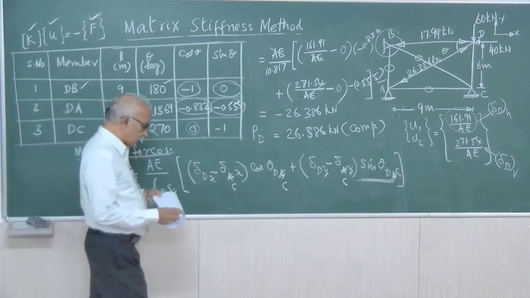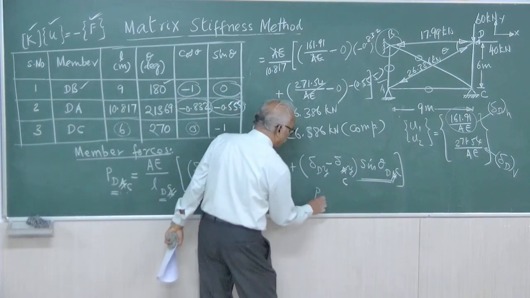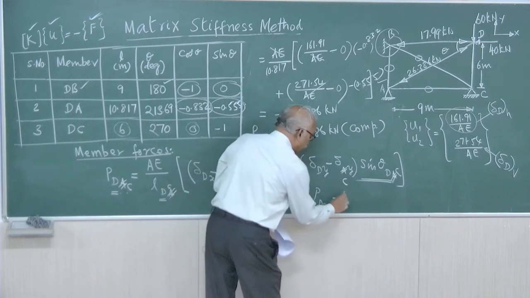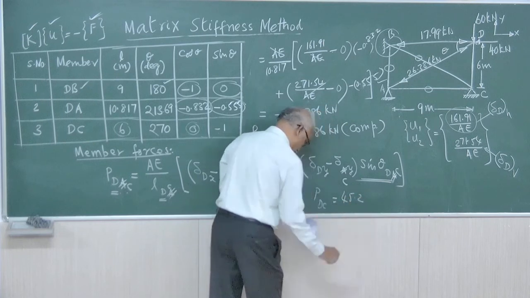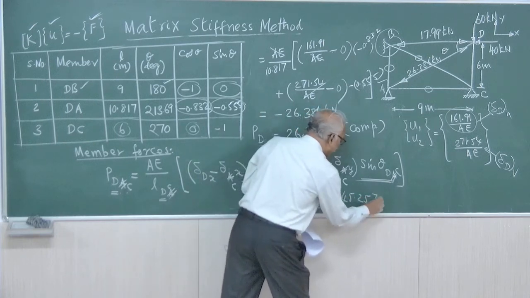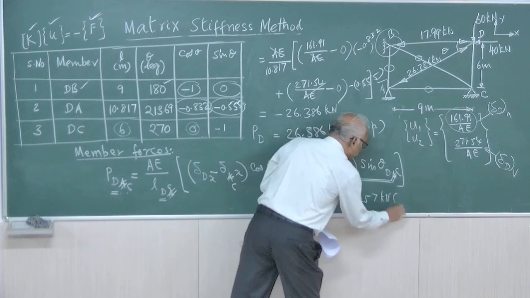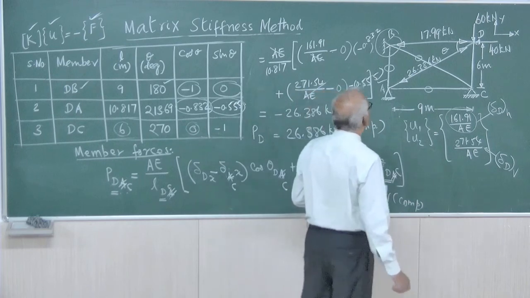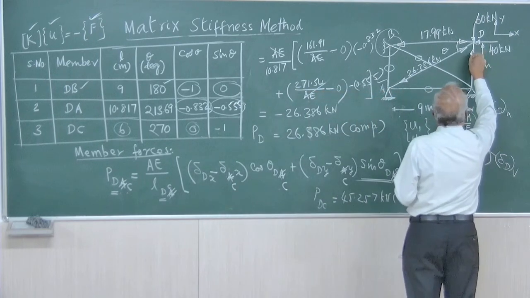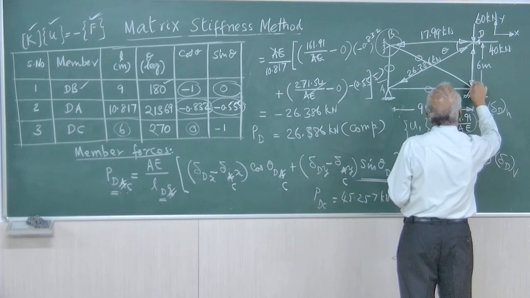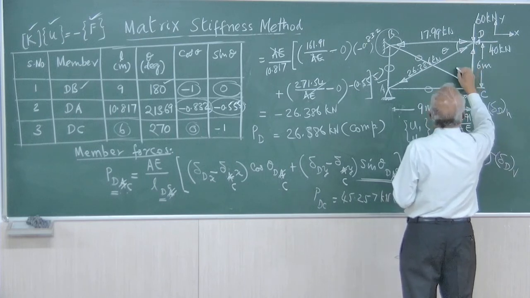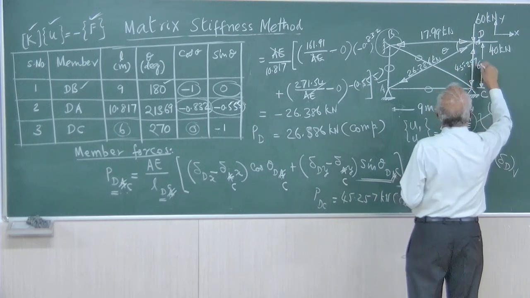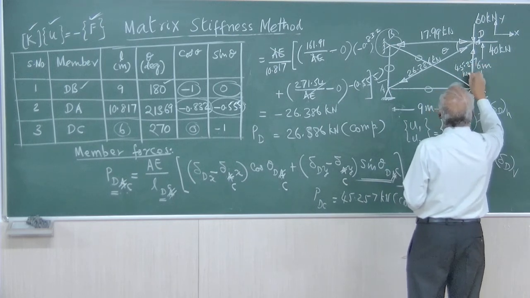We will find that PDC equal to 45.257 kilonewton. That is also compression. Therefore, this member is also under compression. This value is 45.257 kilonewton, also compressive.